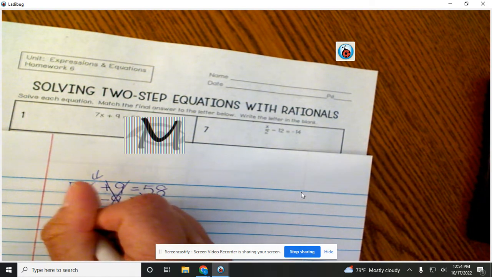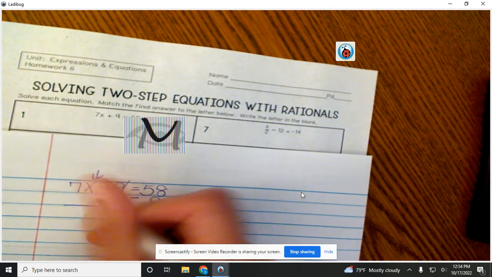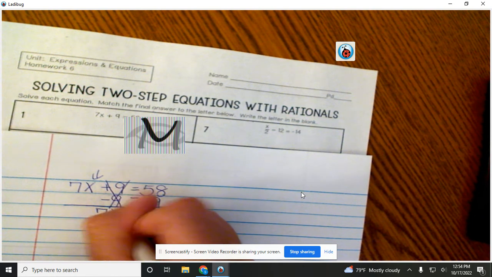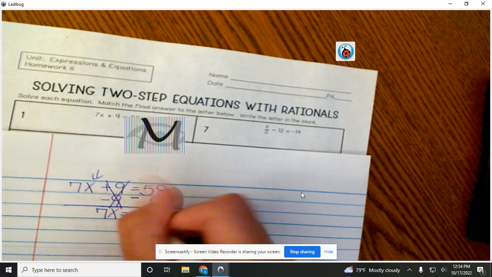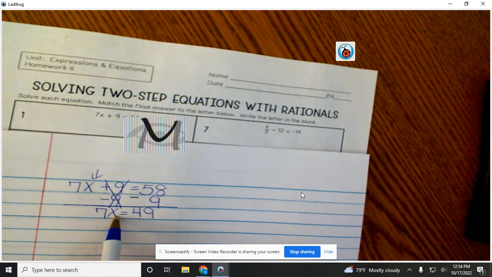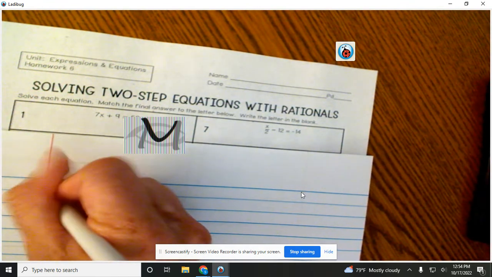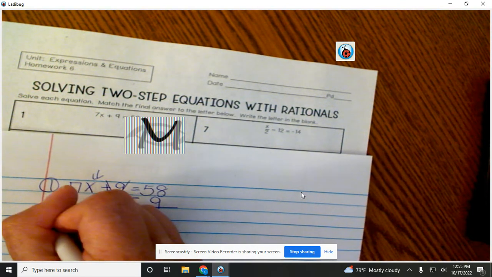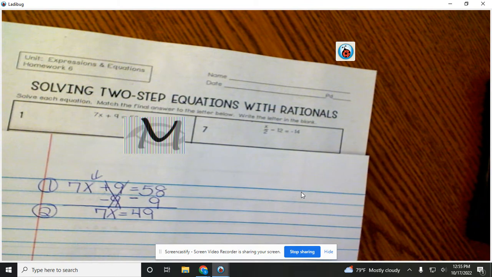What I'm going to do then is rewrite the problem, which tells me I have 7x equals 49 left over. Once again, I still need to solve for x. So this is one step, and down here is going to be our two step. If I know that they're side by side right here, it's telling me it needs to multiply.